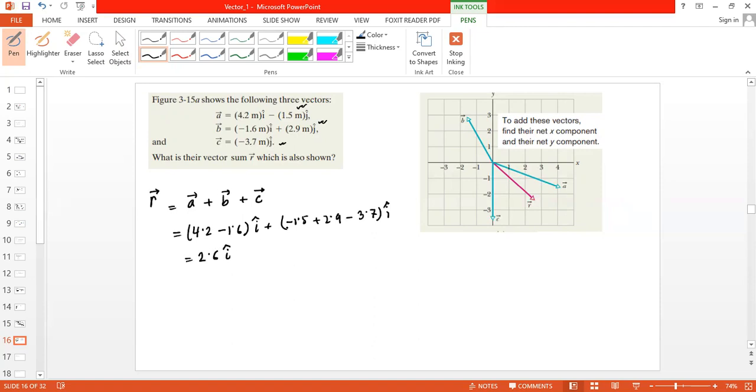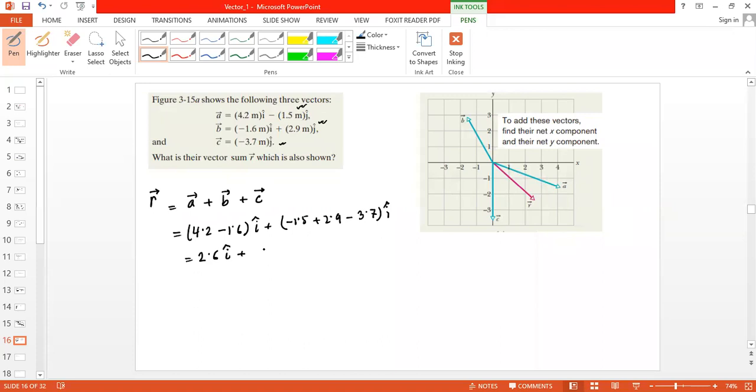So basically it will be 2.6i, and then plus, what is it? No, more than that, I guess. This is like 4.2, right? 5.2 minus 2.9.